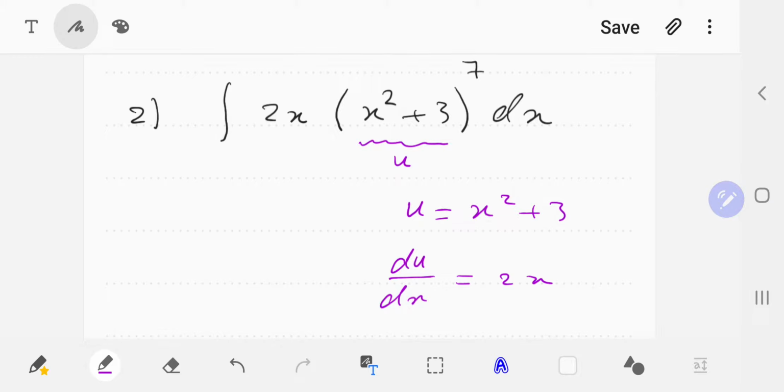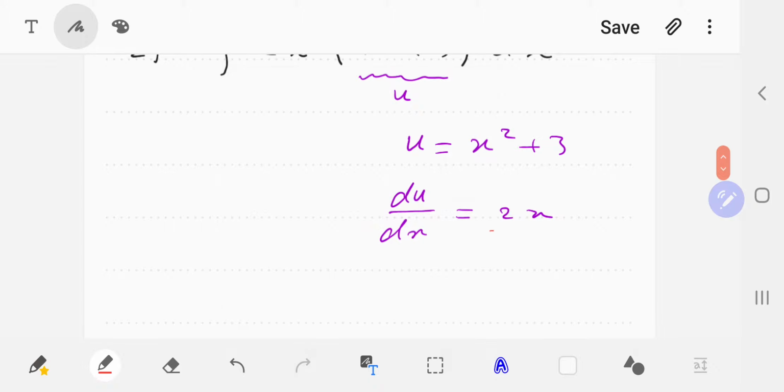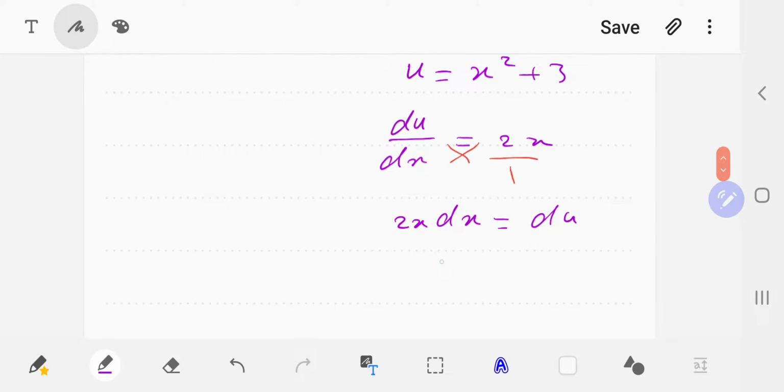So let's try to replace dx also. How am I going to do this? If you just cross multiply here, you will get 2x dx equals du. So if you divide by 2x, you will get dx equals du over 2x.